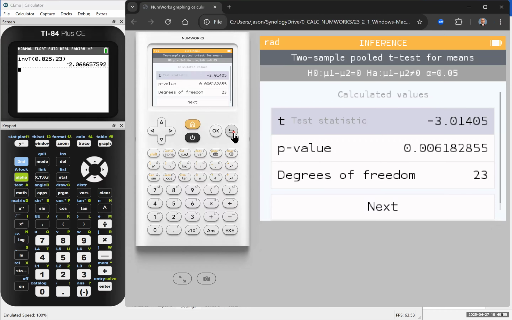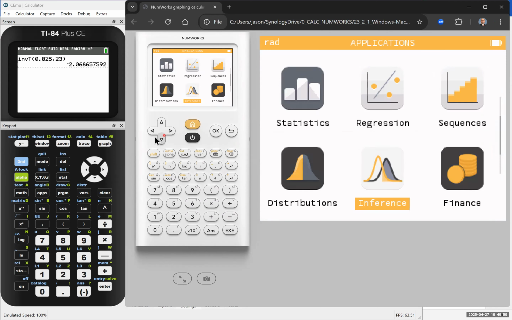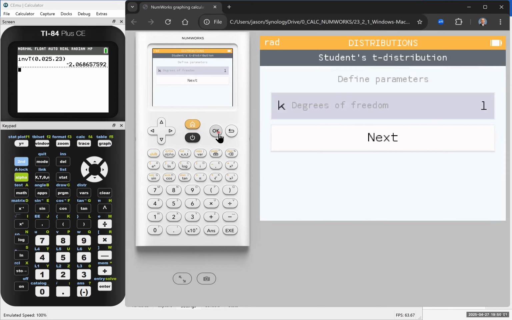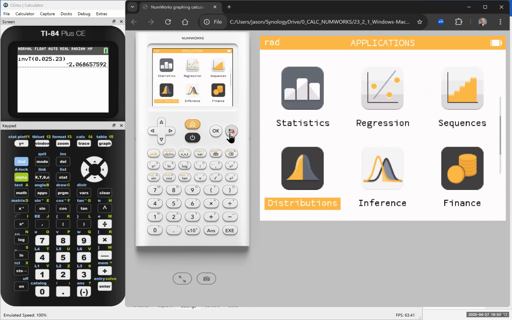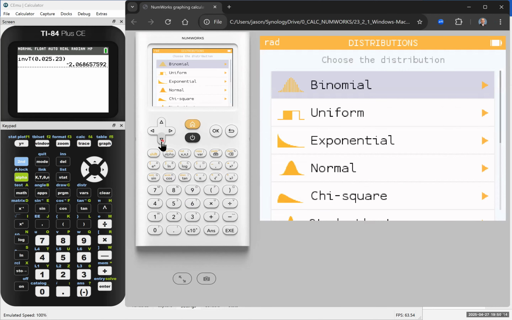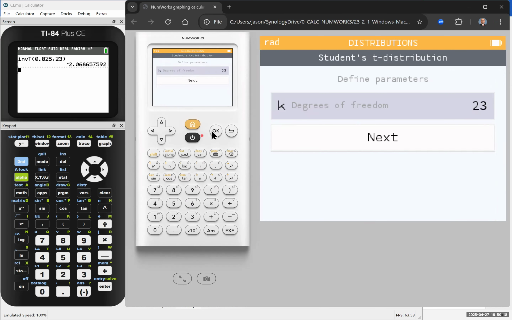Let me go ahead and back out of all of this. And we go to the distributions app. Okay, we've got 23 degrees of freedom. Notice that I'm in the student's t distribution already. Let me back out. So distributions, we want to go down to student's t, put in our 23 degrees of freedom.